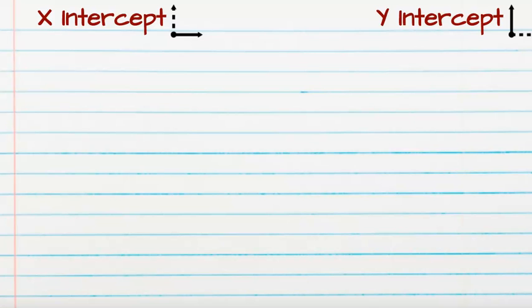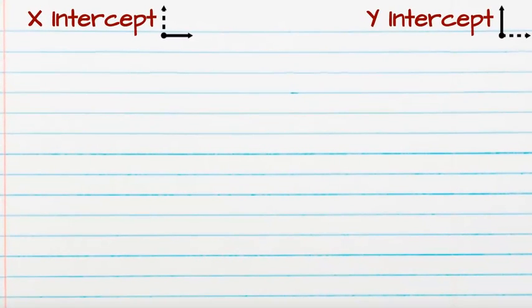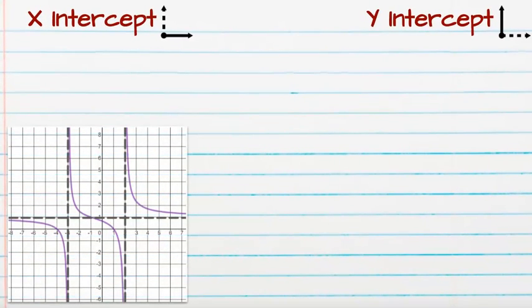Finally, another characteristic is about x and y intercepts. Let's recall what an x-intercept is. An x-intercept is where a graph crosses the x-axis. So let's take a look at this x-intercept. An x-intercept occurs when the function is equal to 0.